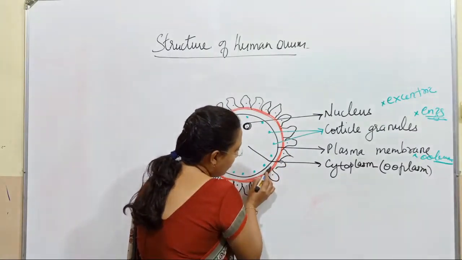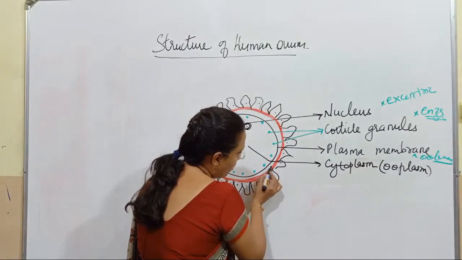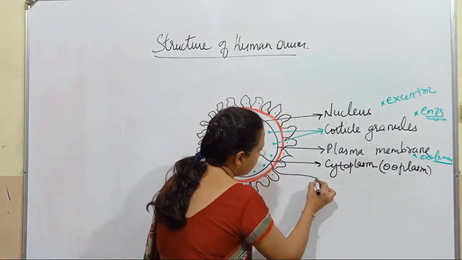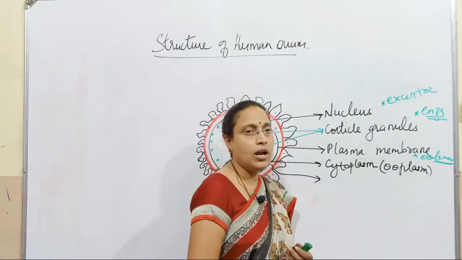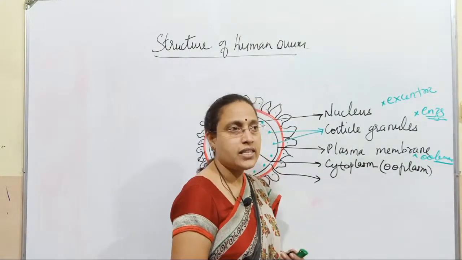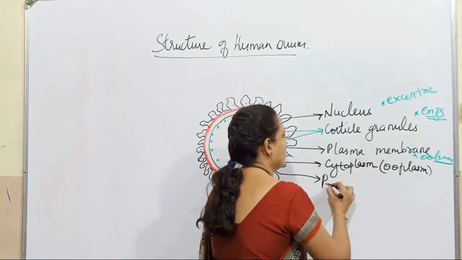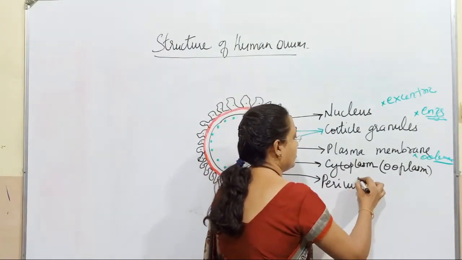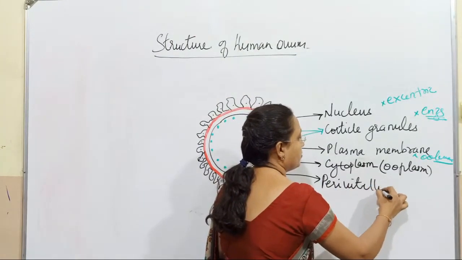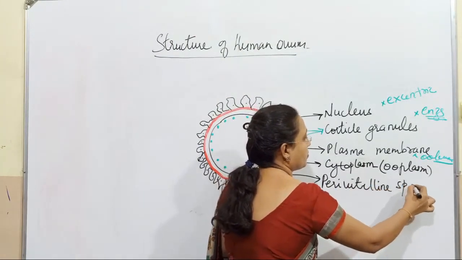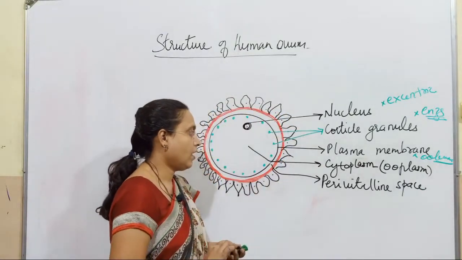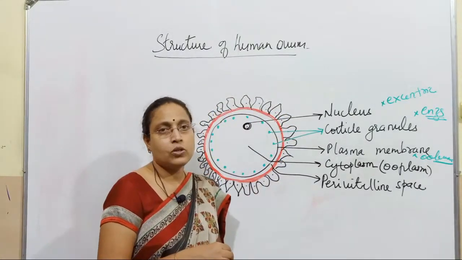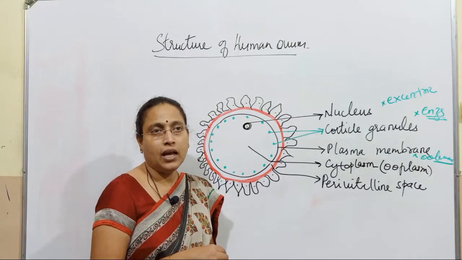So here between the plasma membrane and the zona pellucida, there is a space. This space is called perivitelline space. This space is useful during the cortical reaction.